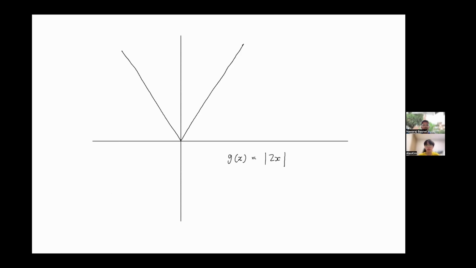So this will be g(x). And then there is a second graph that is just g(x), but it is moved to the right in the x direction by a length of 2. And this will be a new graph called h(x).